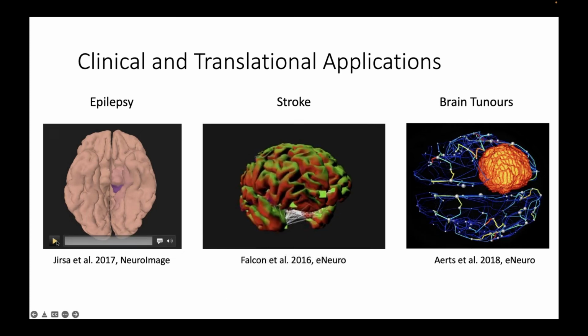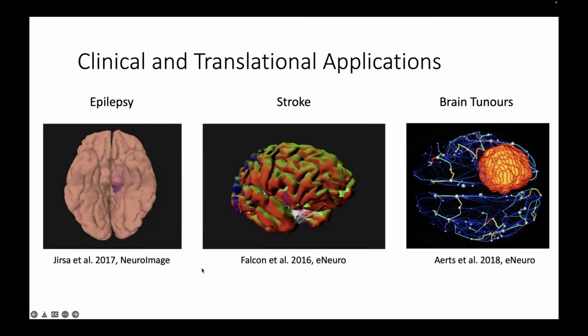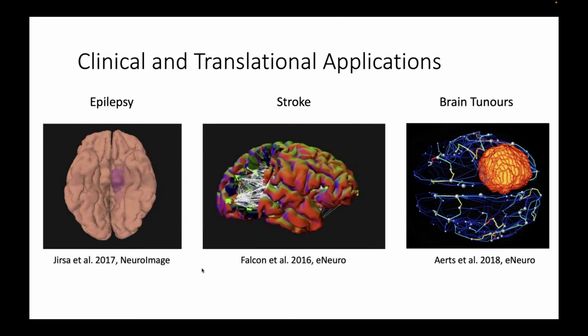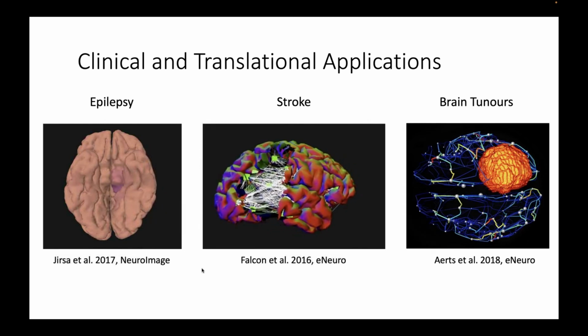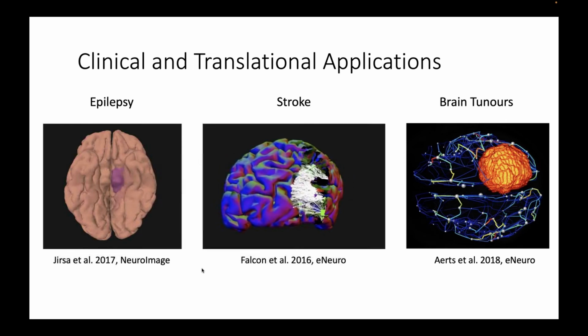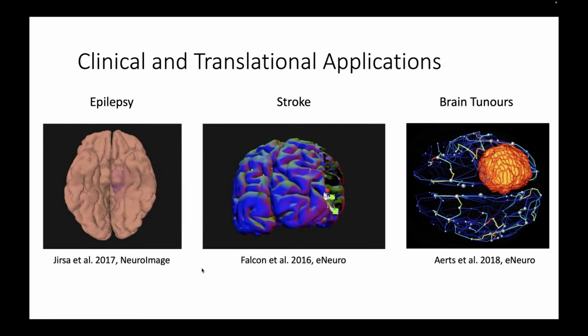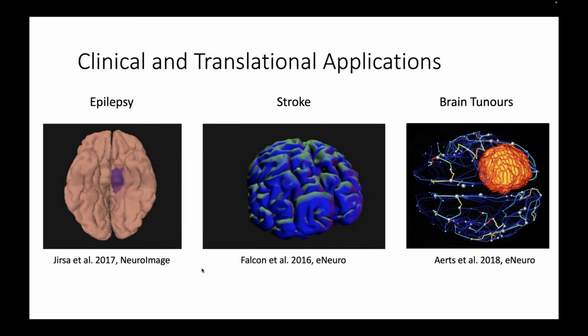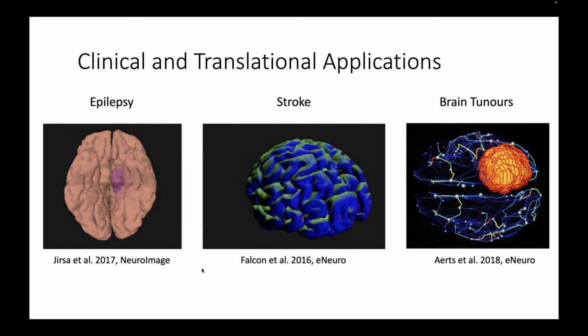There was also one quite progressed application with epilepsy. So we were able to show, our colleagues in Marseille focusing on this, that you can model epileptic seizures, and this can help to find the epileptogenic zone, which can then help to plan surgery better.